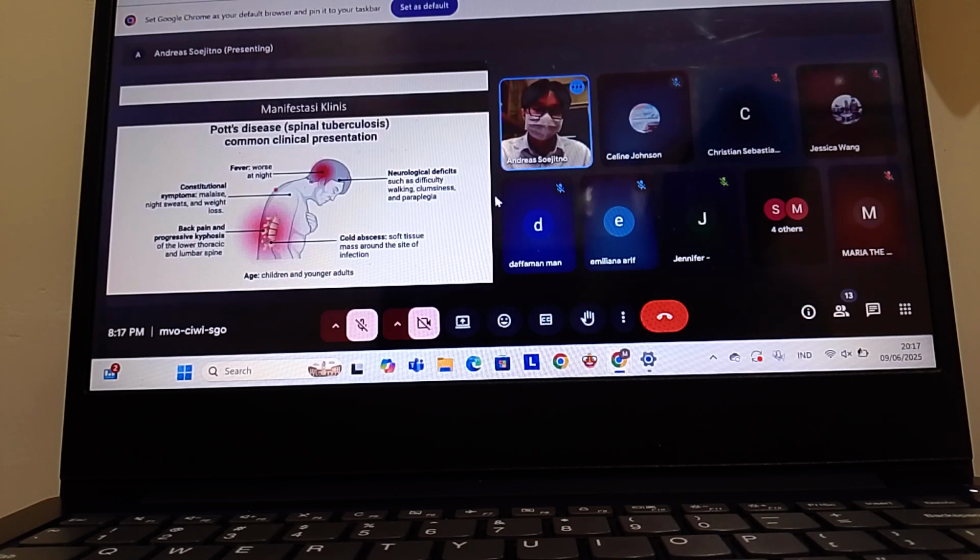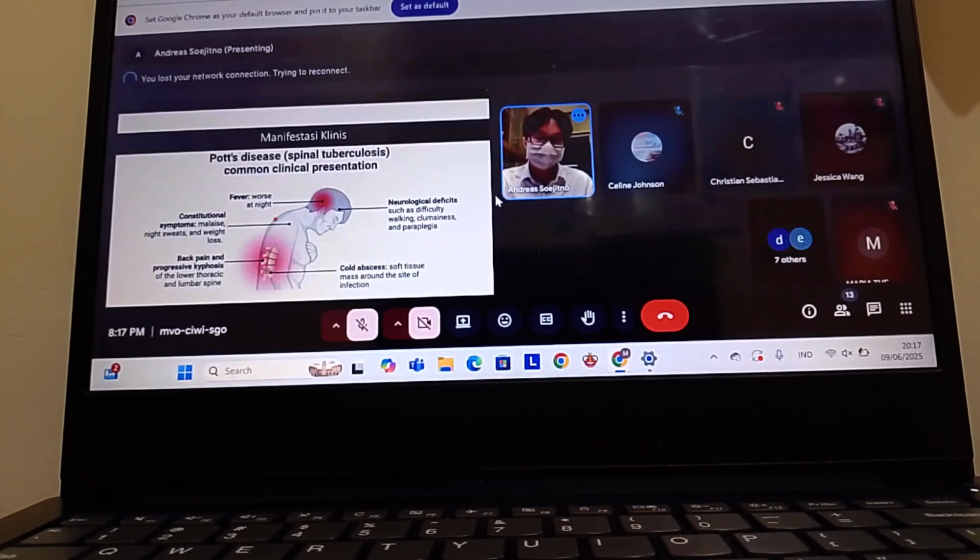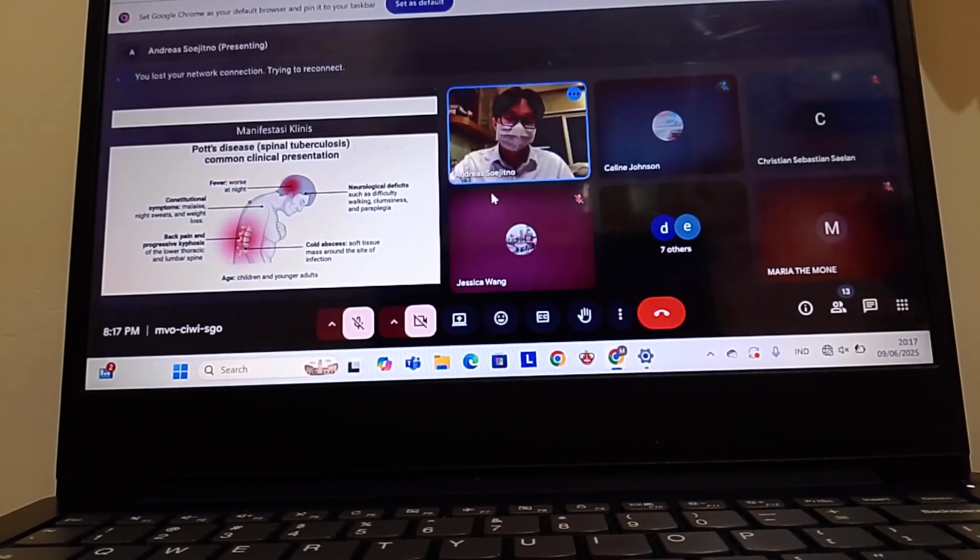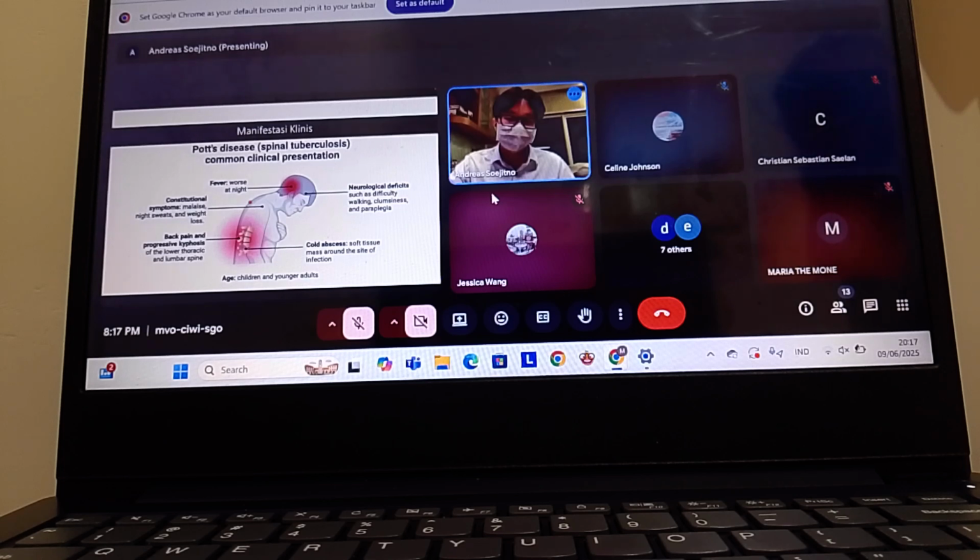Okay, so these are the symptoms. We have systemic symptoms like fever, malaise, weight loss, and night sweats. If it affects the meninges or causes meningoencephalitis, we can also have neurological difficulty.